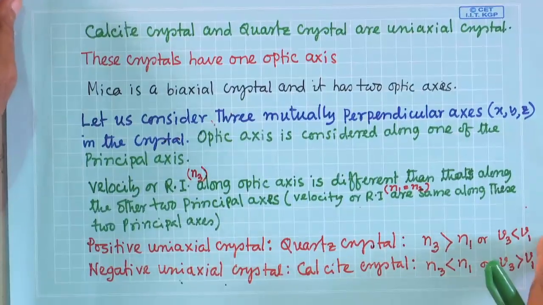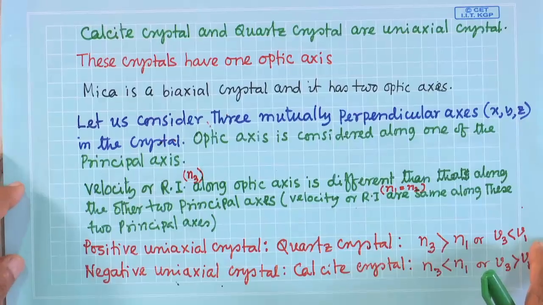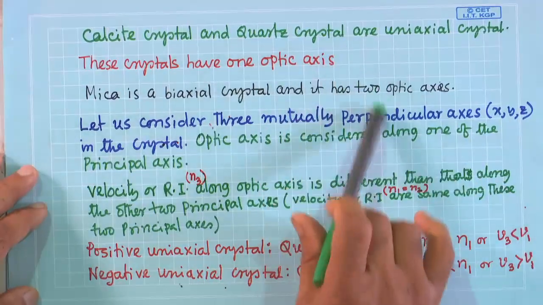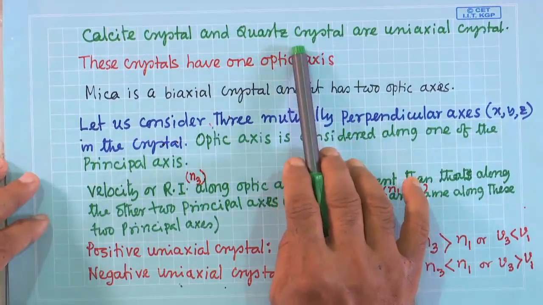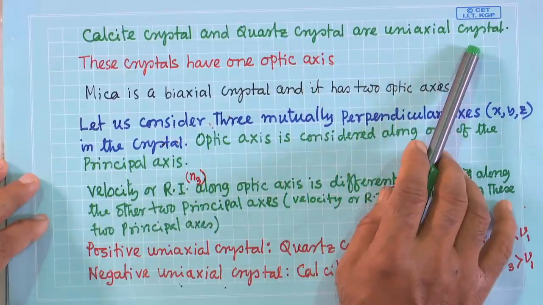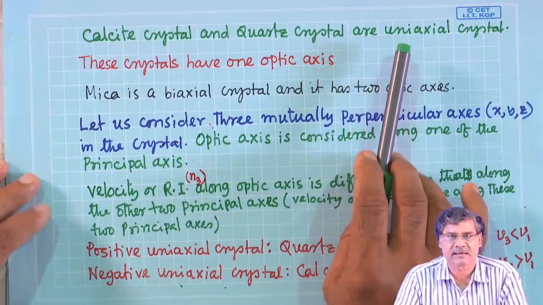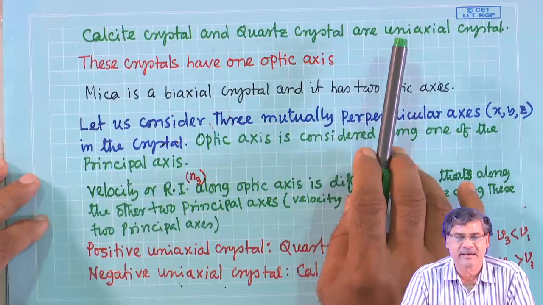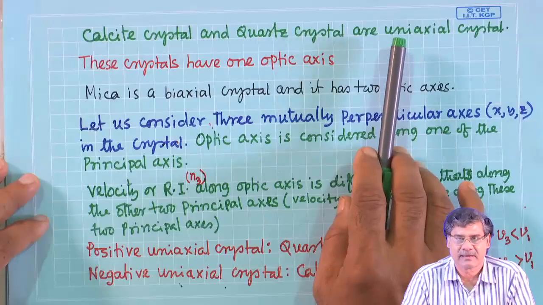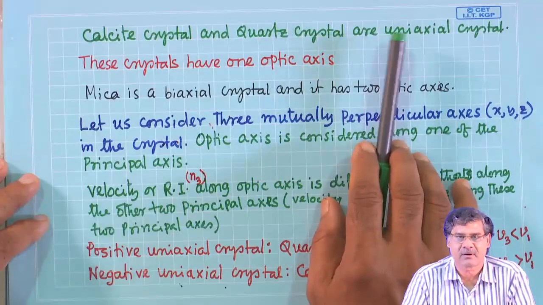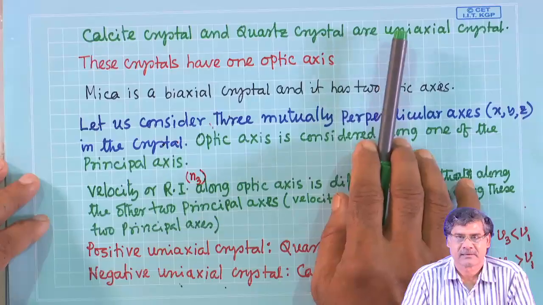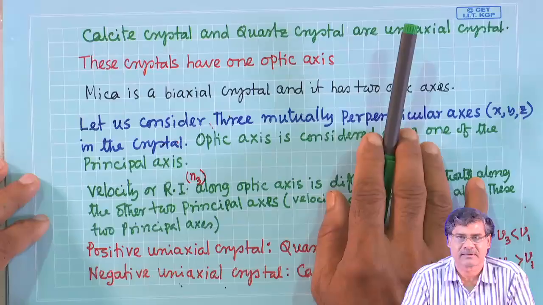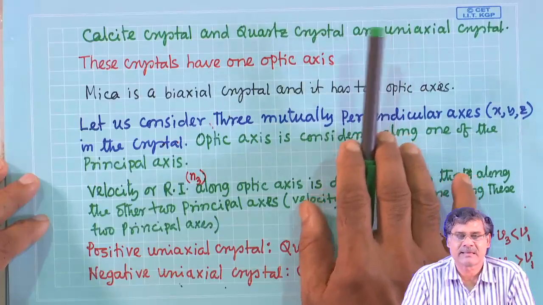We will keep our discussion to calcite crystal and quartz crystal. These two are uniaxial crystals, meaning that in one direction the velocity or refractive index is different from the other directions.